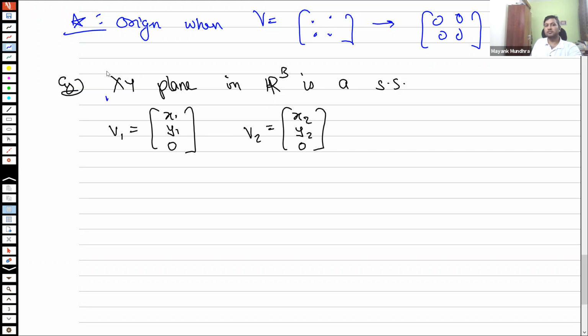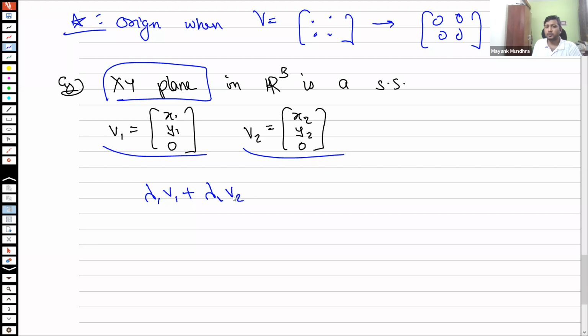Because XY plane means what? XY plane means its Z coordinate must be 0. X and Y can be anything. Its Z coordinate must be 0. So when I take lambda 1 v1 plus lambda 2 v2, it's going to be equal to lambda 1 x1 plus lambda 2 x2, lambda 1 y1 plus lambda 2 y2. The Z coordinate is going to be 0 because it's basically lambda 1 times 0 plus lambda 2 times 0.